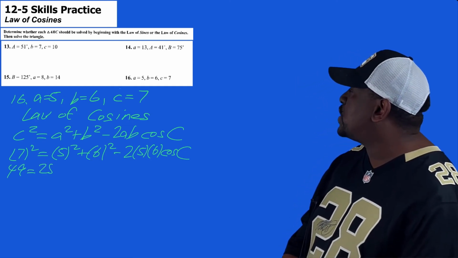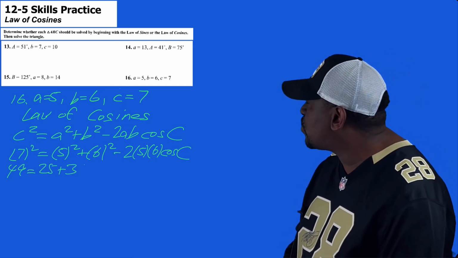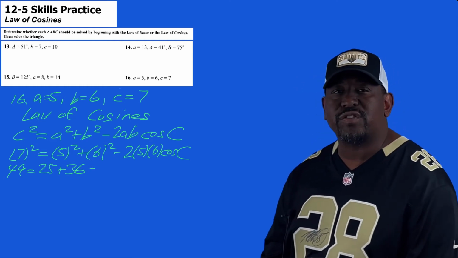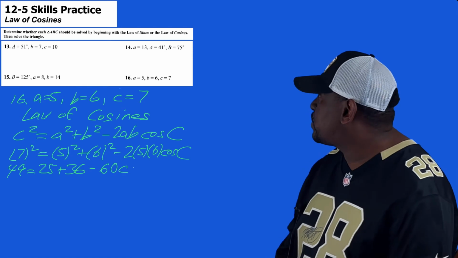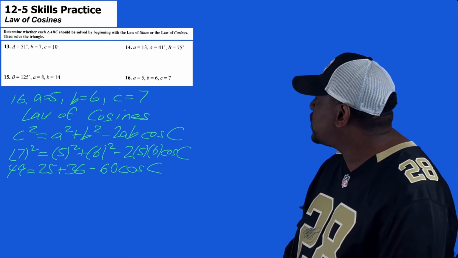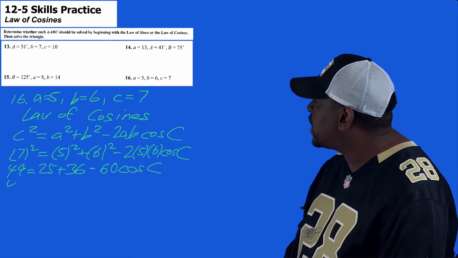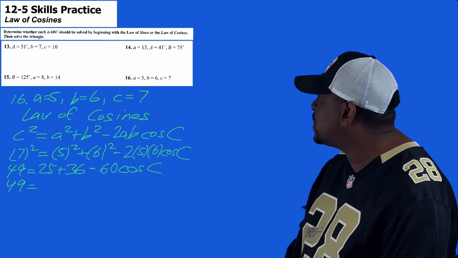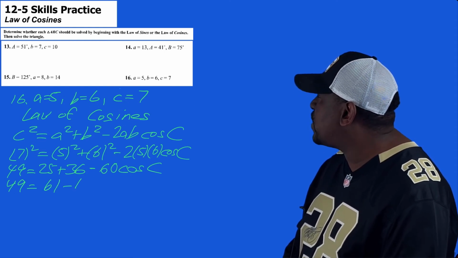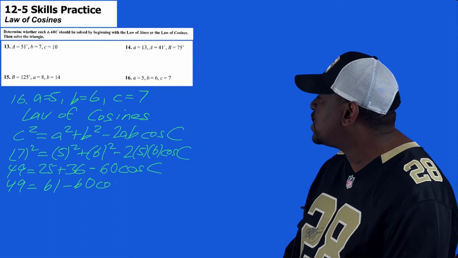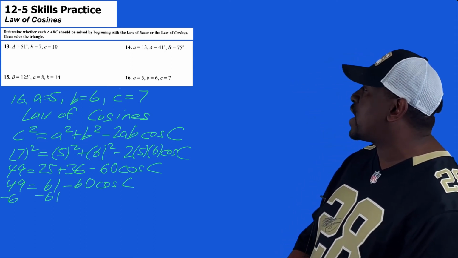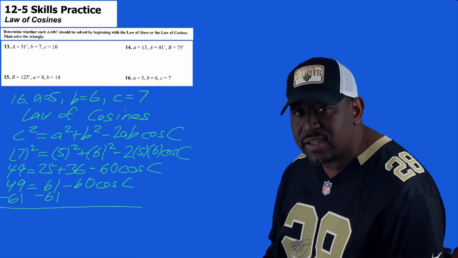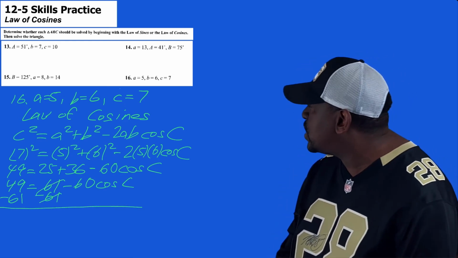So once we substitute and simplify, 7 squared is 49, 5 squared is 25, 6 squared is 36. We want to multiply 2 times 5 times 6, negative 2, that's negative 60 cosine C. We add 25 to 36, which is 61, minus 60 times cosine C. We're going to subtract 61 from both sides, because that's the inverse of positive 61.